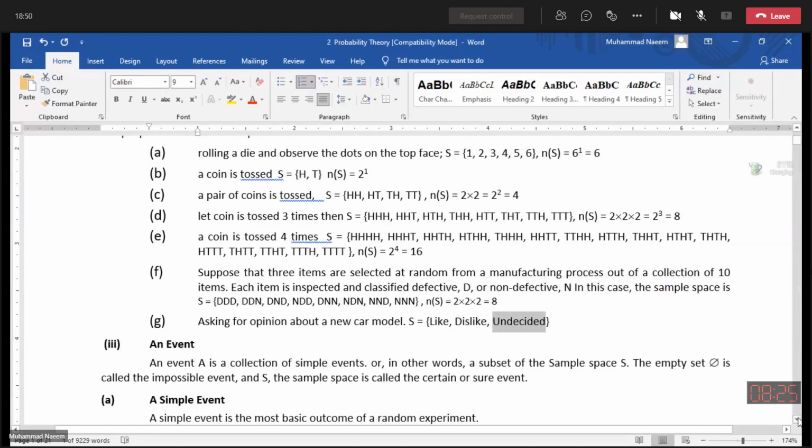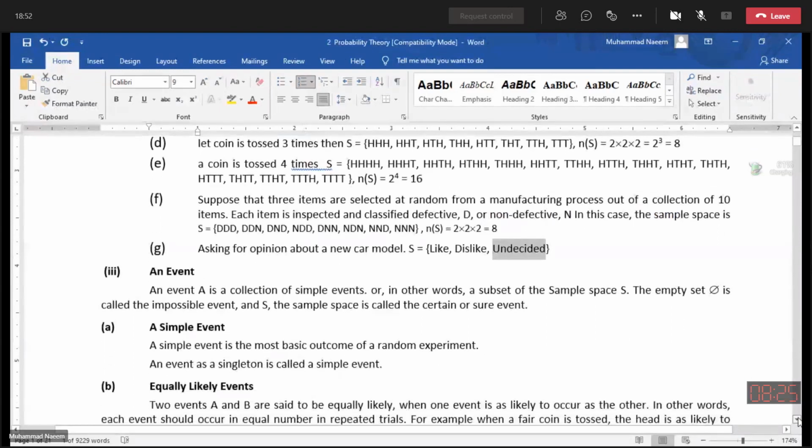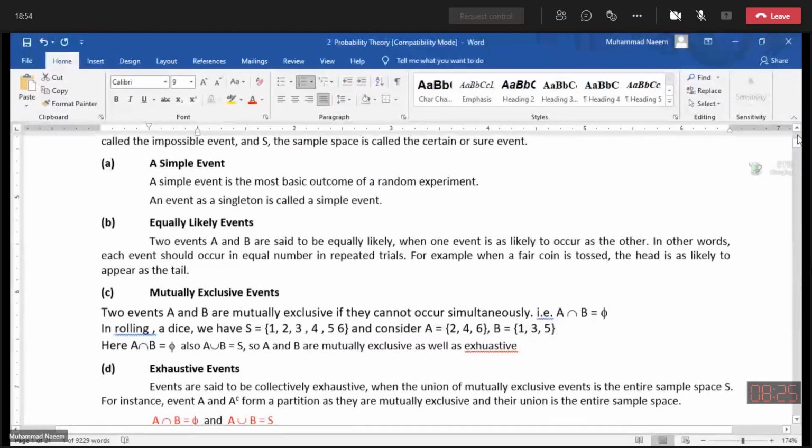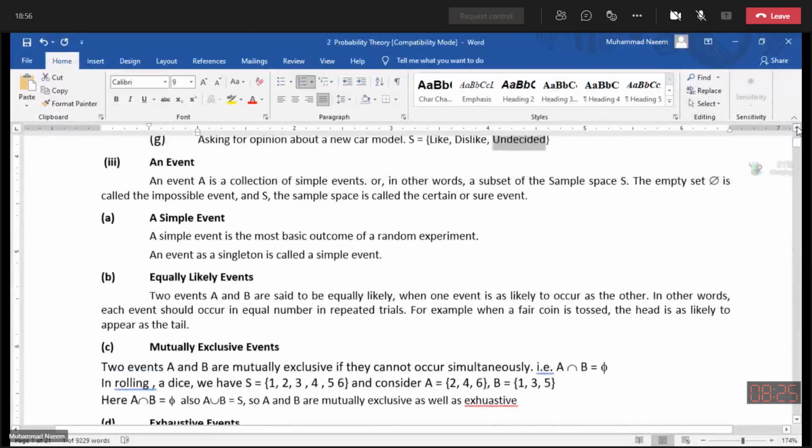So we can also deal with such responses and find their percentage in the aggregate.